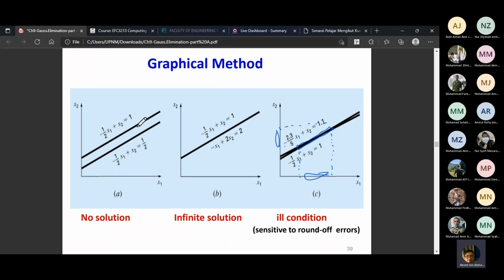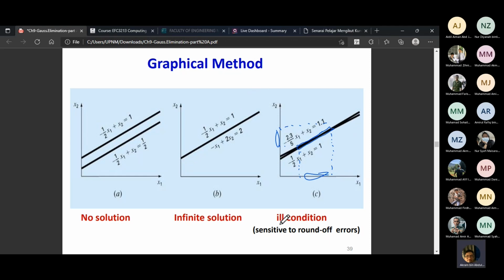Why? Because these two lines does not intersect with each other. And there is sometimes when we plot both function, there is an infinite solution. What does it mean? It means that the solution, the line will intersect with each other from 0 to infinity.